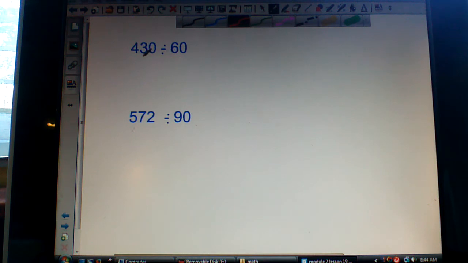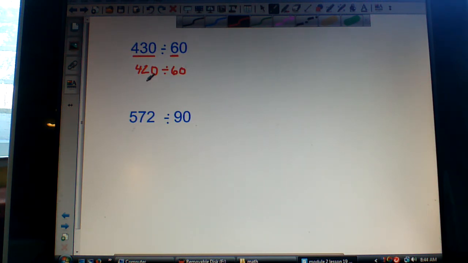So what is a close number to 430 that would be divisible by 6? So 43 is not divisible by 6. But what number is very close to that is divisible by 6? 42, right? So that would be 420 divided by 60.